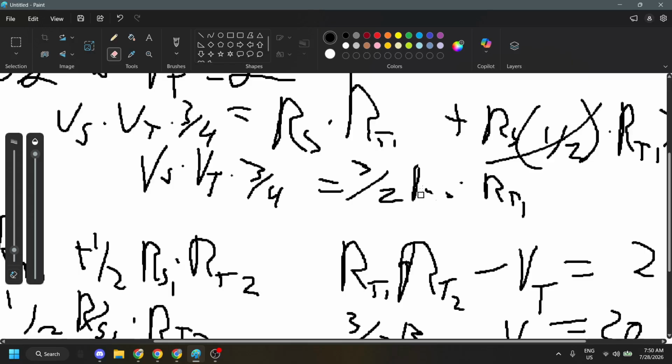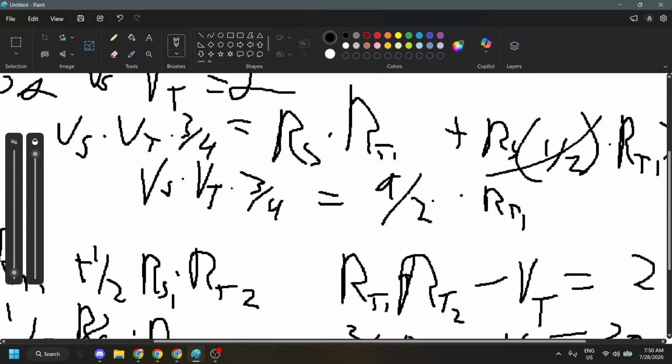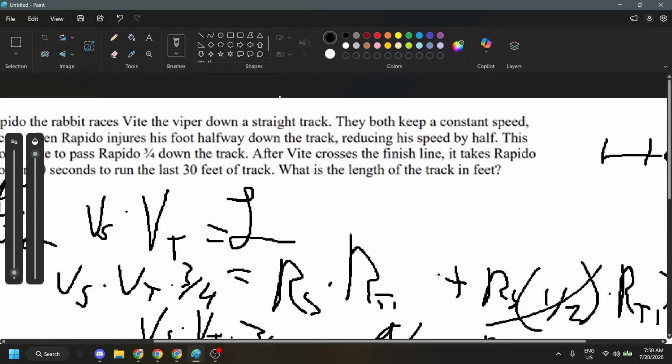So this is equal to 3. So that's just going to be 9/2. Okay, so we know all of Rapido's speeds.